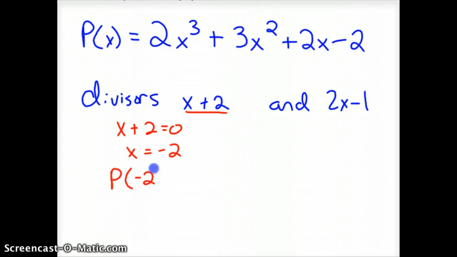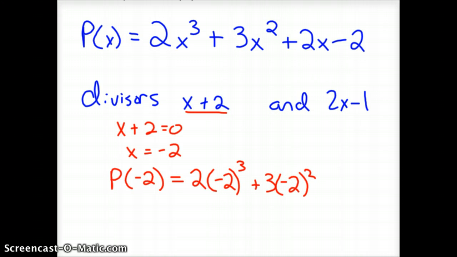So p of negative 2 is equal to 2 times negative 2 cubed plus 3 times negative 2 squared plus 2 times negative 2 minus 2.